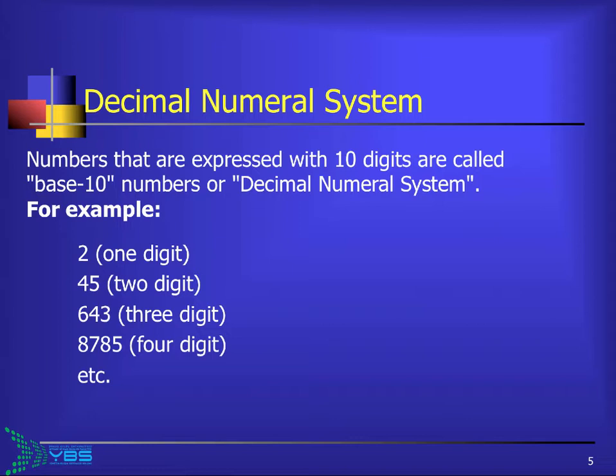For example, you see on the screen, 2 is only one digit, 45 is 2 digits, 643 is 3 digits, and 7785 is 4 digits.